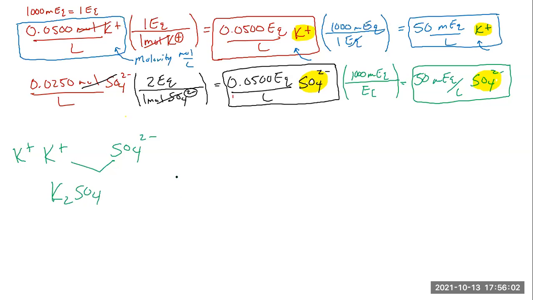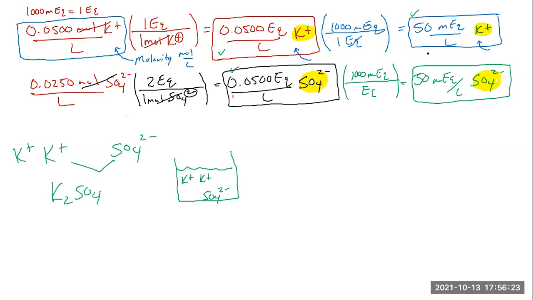So technically speaking, when we talk about a concentration that's based on charge, which is what equivalents per liter and milliequivalents per liter are, we basically have balanced out the overall charge in that particular solution. And that's what we see represented by these numbers.